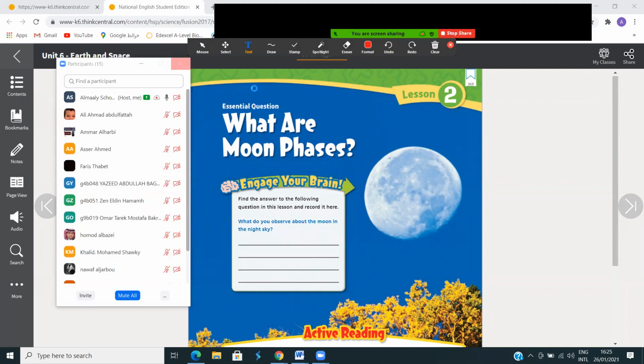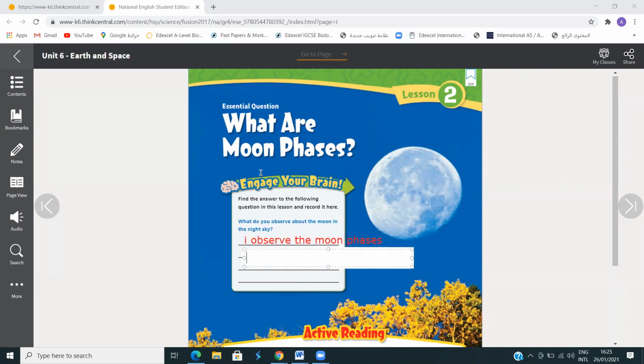Over the course of the months, we will write also: the moon shape will change. Why? Because it revolves around Earth and at the same time revolves around its axis.